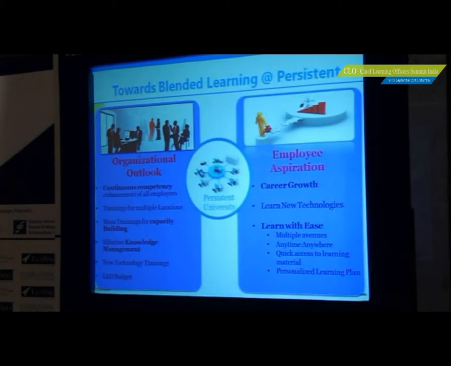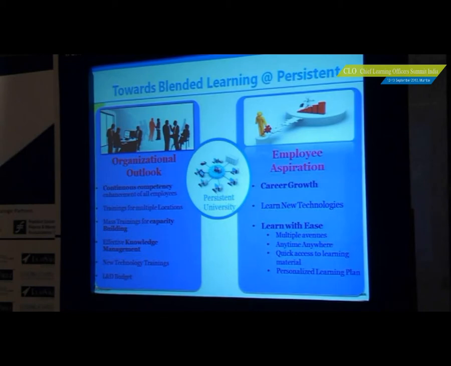So having said this, at Persistent we are continuously experimenting to do different things. Persistent is a technology-focused company with around 7,000 people, and we are an IT product outsourcing company. So the organizational outlook is always continuous competency improvement, because so many advances happen in our field continuously. The field is dynamic, so continuous competency improvement of all the employees should happen.